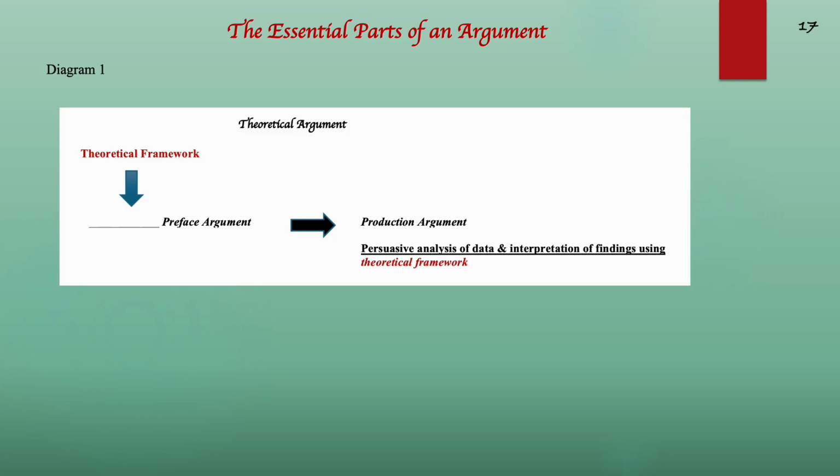Your theoretical framework helps generate the concepts, the language, and the analytical lens that make your preface argument possible. And then in the analysis section, your production argument shows the reader exactly how you arrived at your final interpretation. This is why a strong theoretical framework and strong argument are so deeply connected.